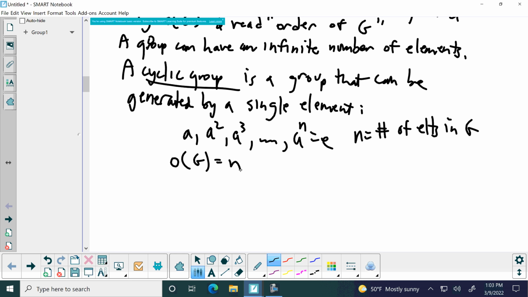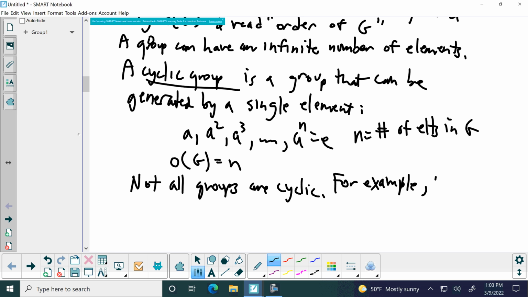And not all groups are cyclic. For example, the Klein four group is not cyclic.